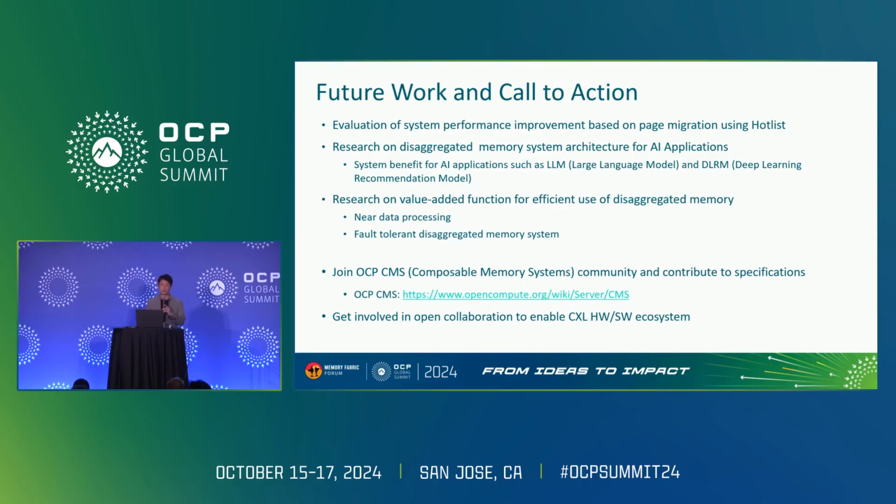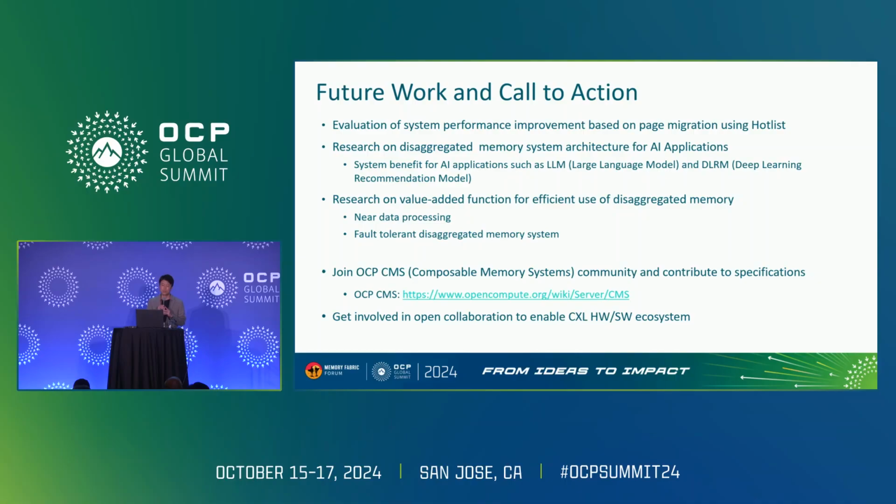And we will also explore some value-added functionality of disaggregated memory systems. Near data processing can be one of our research candidates. And given that pooled memory is connected to multiple hosts, ensuring system reliability is critical. So developing a fault-tolerant memory system will also be an important area of our research.